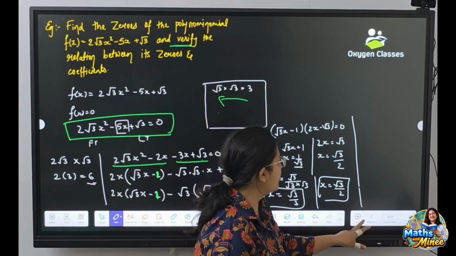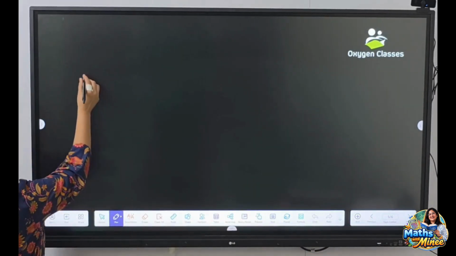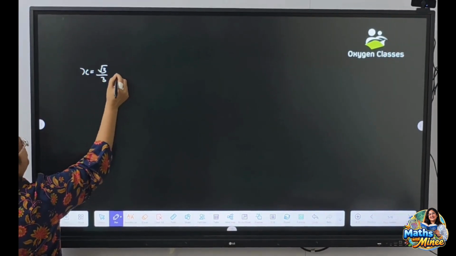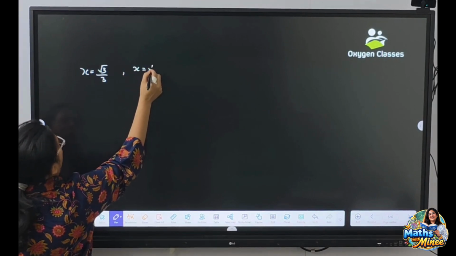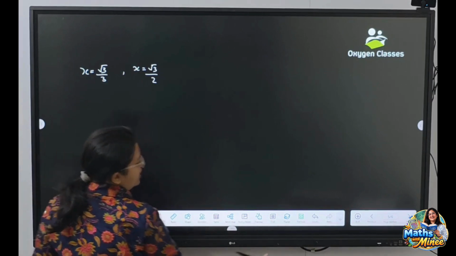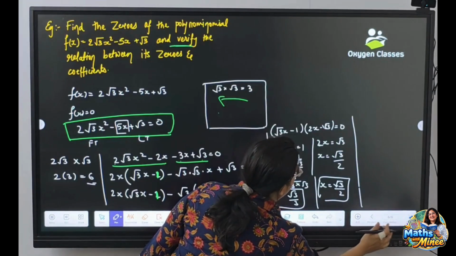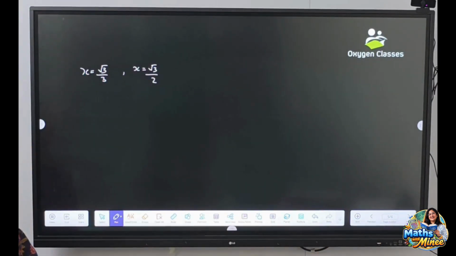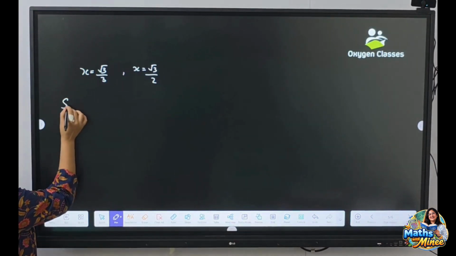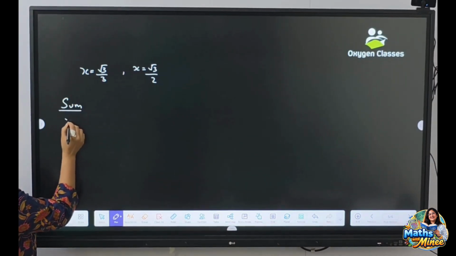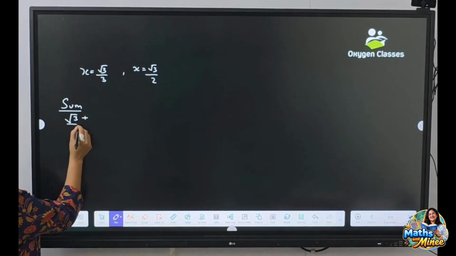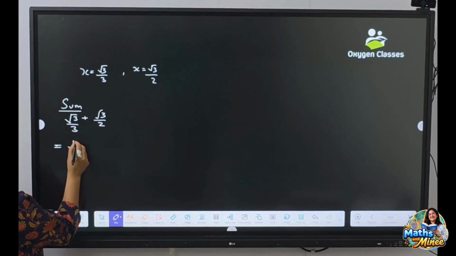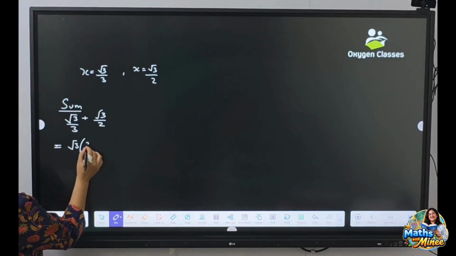Now just we will verify the result. Let us say x value was root 3 by 3 and one of the value is root 3 by 2. Okay, now let us just do the sum. So root 3 by 3 plus root 3 by 2. Let us take the root 3 as common. Let us take the LCM.